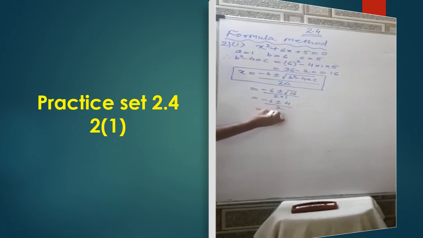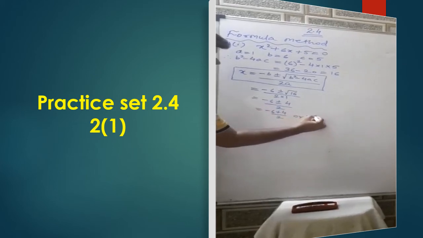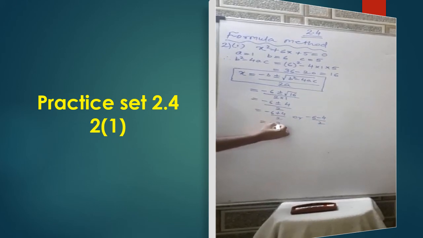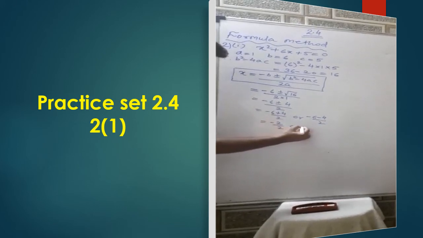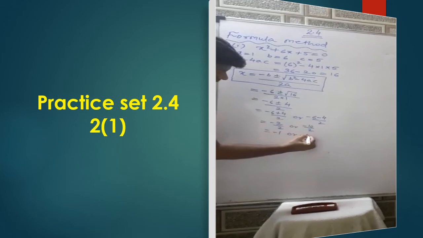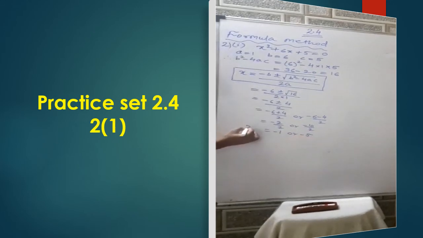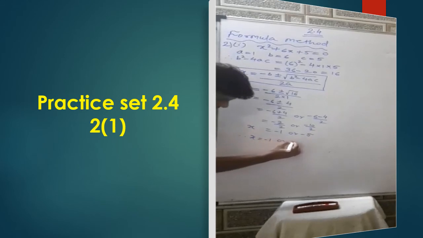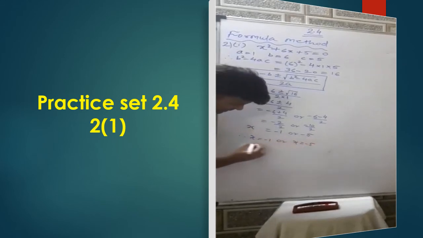So minus 6 plus 4 upon 2 or minus 6 minus 4 upon 2. So we get minus 2 upon 2 or minus 10 upon 2. So minus 1 or minus 5. So in the end we get the value x equals to minus 1 or x equals to minus 5.